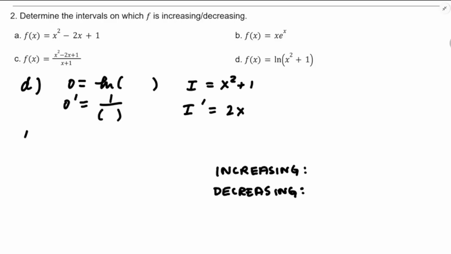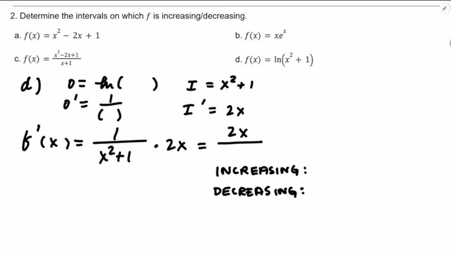Alright, so f prime of x will equal 1 over whatever went on the inside of the natural log, x squared plus 1, multiplied by 2x for the chain. But I will write that as one fraction so I can do the analysis that I need to. Okay, so 2x over x squared plus 1.